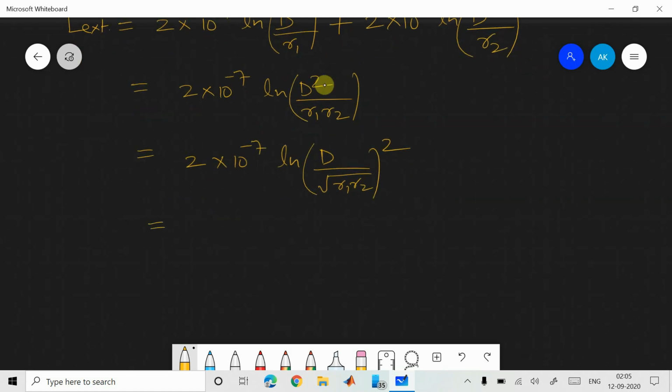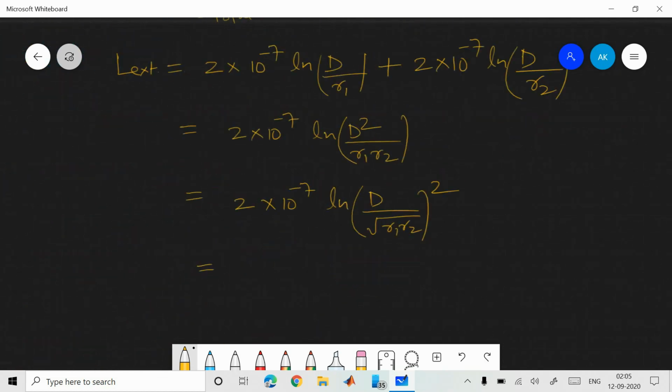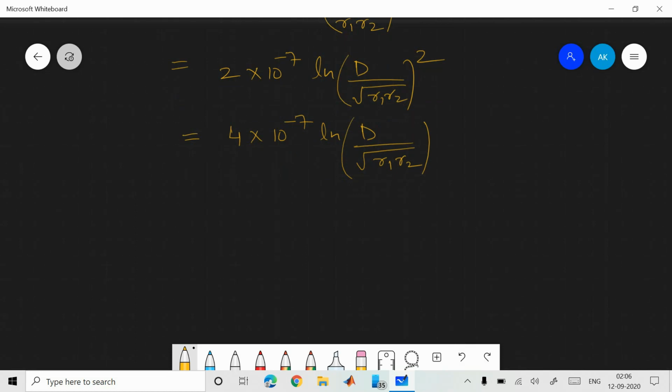Now you can take this 2 which is in the exponent and multiply, and you will get 4. 4 into 10 raised to power minus 7 ln d over under root r1 r2. Okay, so it is your L external for both the conductors.